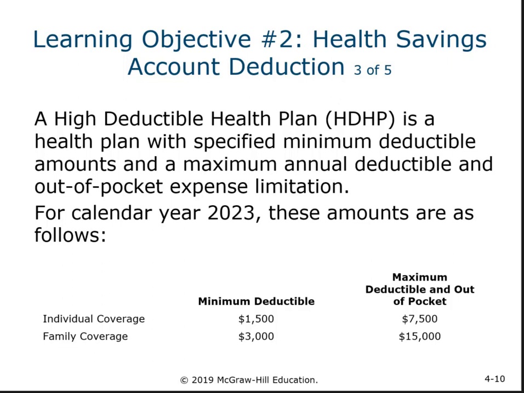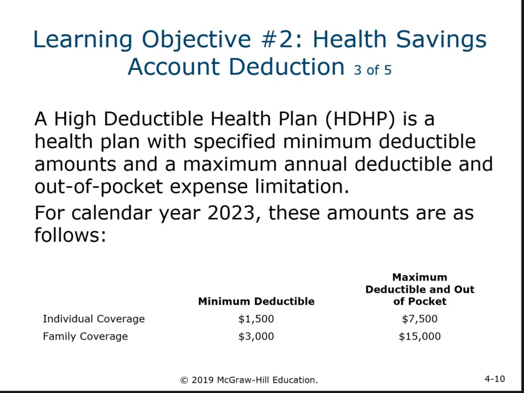So it has a minimum deductible and a maximum deductible and out of pocket, so the most that you would have to pay in any given year under the plan. So for individual coverage, you'd have to have a deductible of at least $1,500. It can be higher, but it needs to be at least $1,500. But then it can't have you pay more than $7,500.